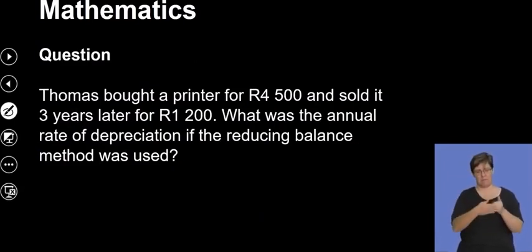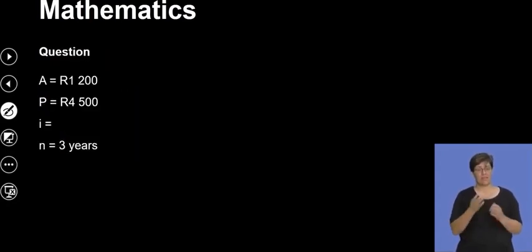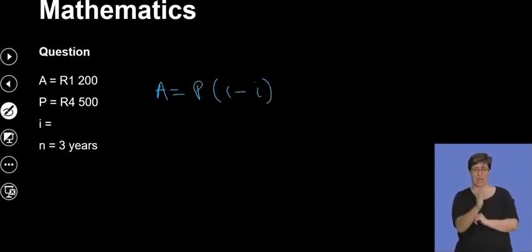Now, Thomas actually bought a printer for 4,500 and sold it 3 years later for an amount of 1,200. What was the annual rate of depreciation if the reducing balance method was used? So here, what we're going to look at is, we want the value of I. So A is equal to P into 1 minus I to the exponent of N. So this is 1,200.